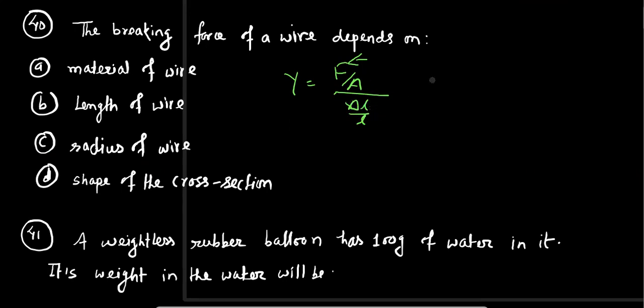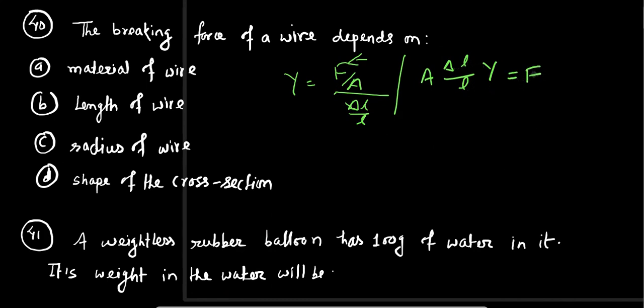Let me write it in a proper way. It will be delta L by L, gamma, and then A, and this is F.